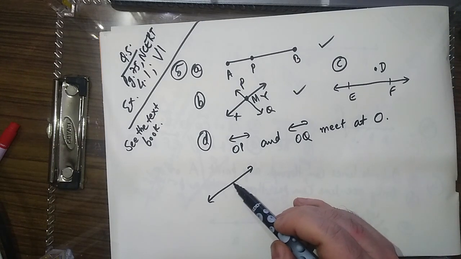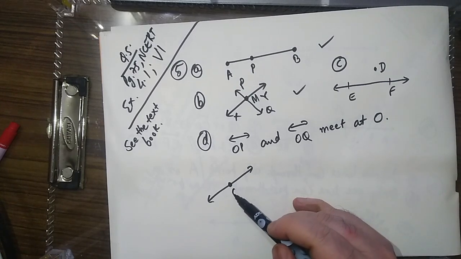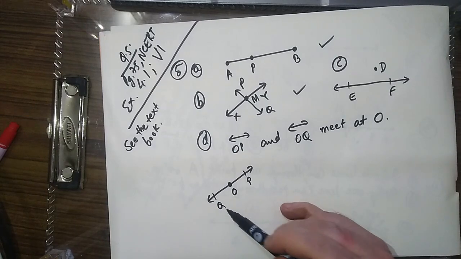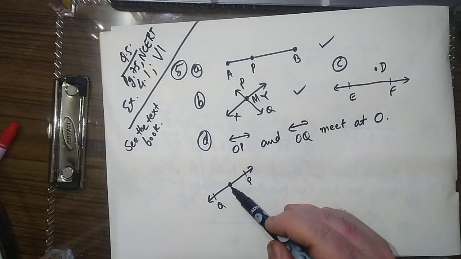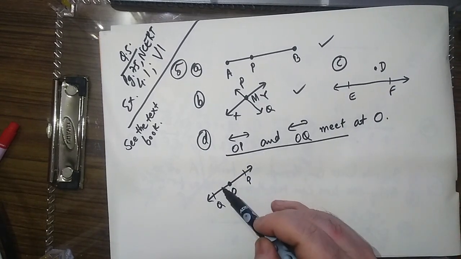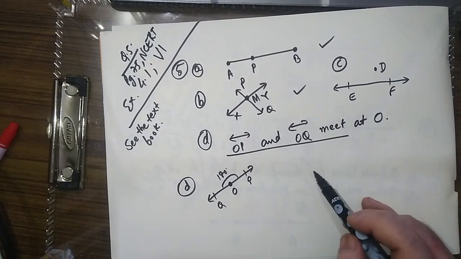So O is a common point here. O is the common point. OP and OQ meet at O. So this could be like this with 180 degrees, or this can also be like this.